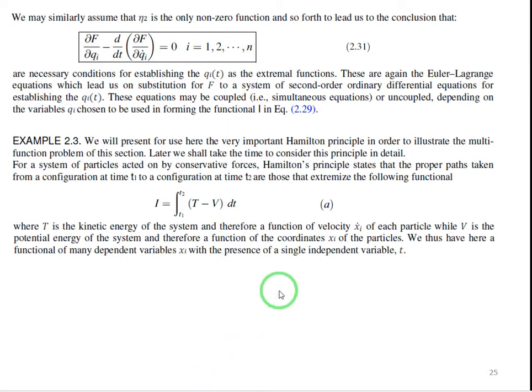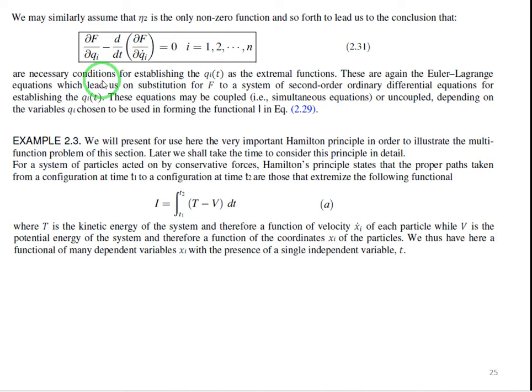Okay, let's continue. As you can see here, now we have n ordinary differential equations. By solving these ordinary differential equations and using boundary conditions, we can find our n unknowns q1 to qn.